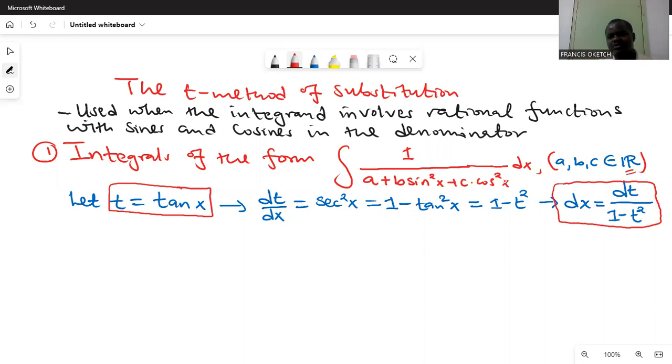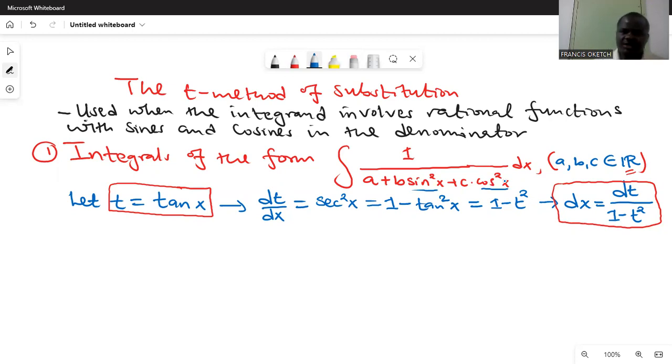Our task is to convert the integrand to a function of t instead of a function of x. So we must know what do we substitute in place of sine squared x and what do we substitute in place of cos squared x.